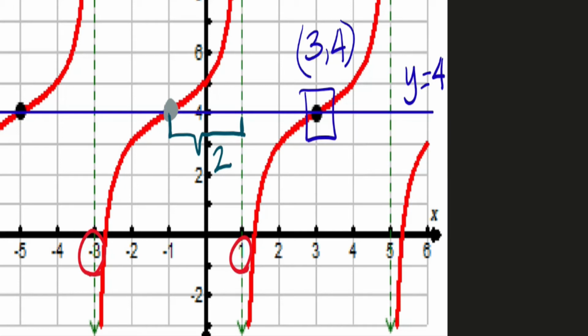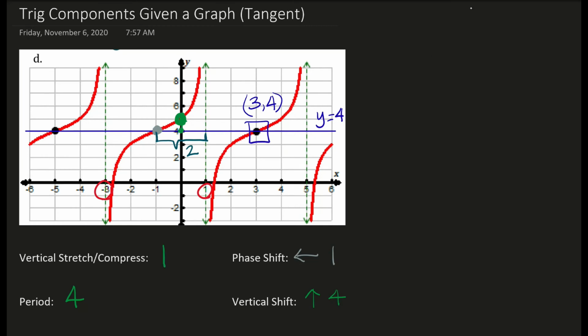I'm going to go to the right 1 here at the origin, and then I'm going to go up until I get to my tangent graph. So that would put me right here. So from the midline, I had to go up 1. That's going to be my vertical stretch or compress factor. So here, because it is 1, there is no vertical stretch or compress.